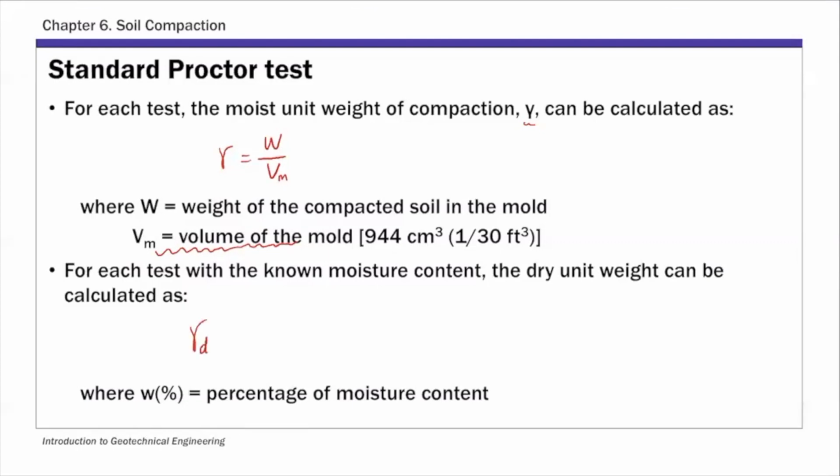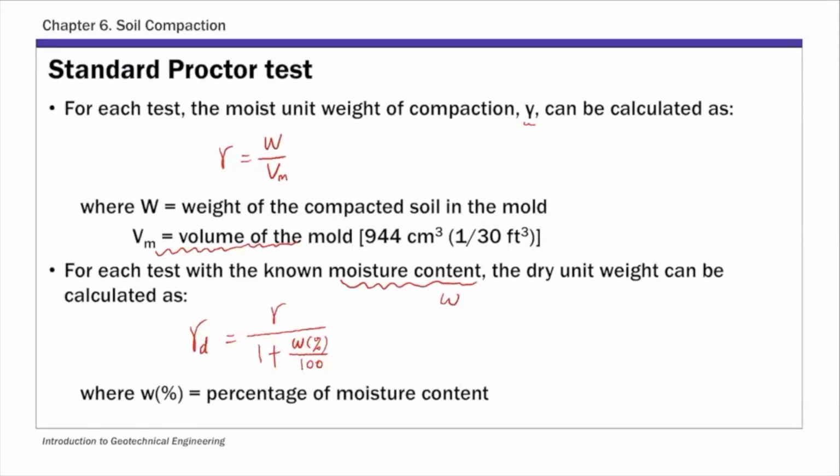The dry unit weight, gamma D, is the moist unit weight over 1 plus water content. And if you're using percentage for water or moisture content, say W, divide that by 100. So that's the dry unit weight. For each test, you have a pair of gamma D and moisture content. Then you vary the moisture content, compact the soil, and get another gamma D.